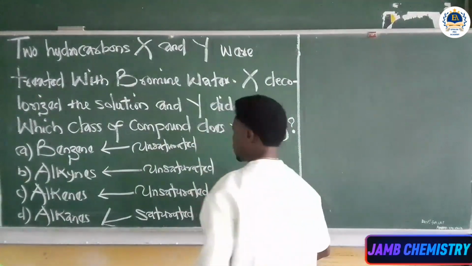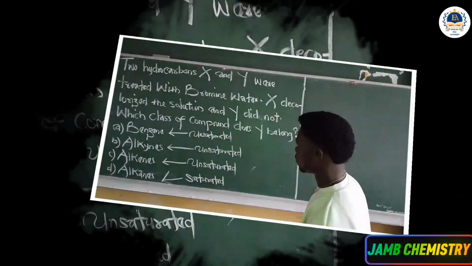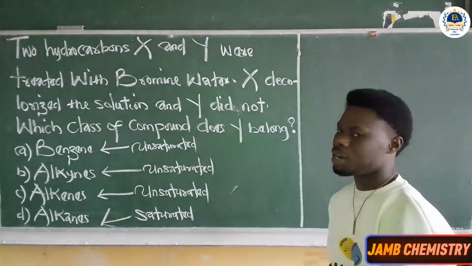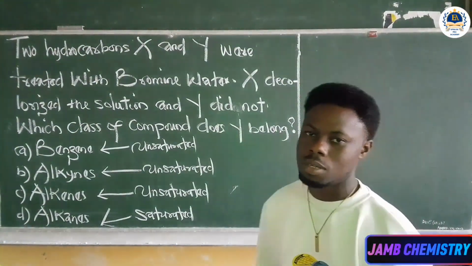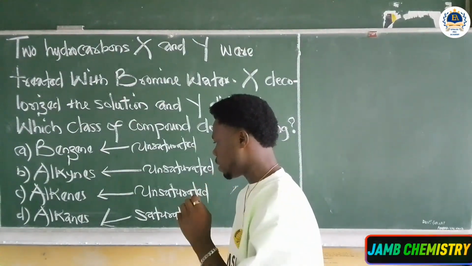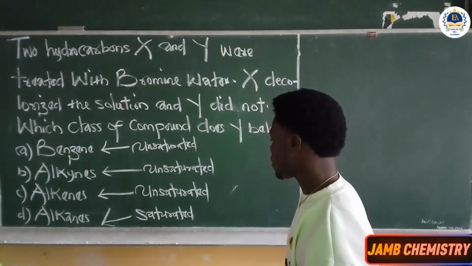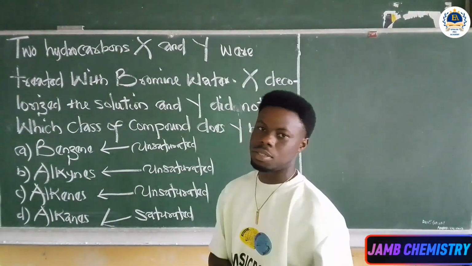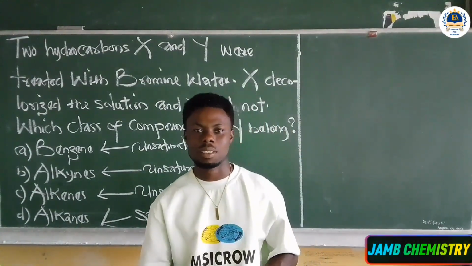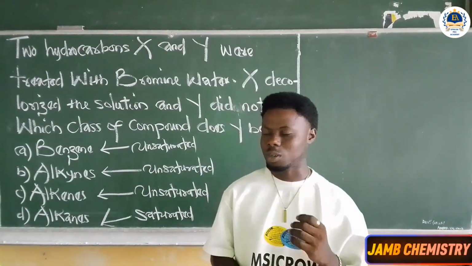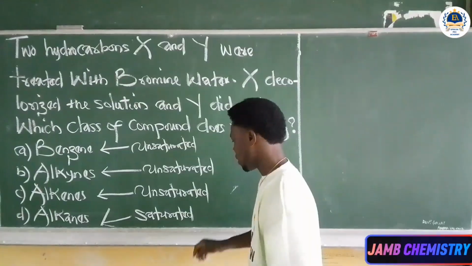The question says X decolorized the solution and Y did not. So the correct option is option D. The alkane family are saturated hydrocarbons, and saturated hydrocarbons do not decolorize bromine water. So the correct option is option D.